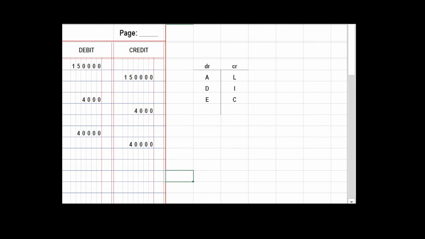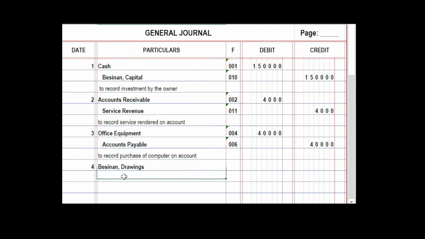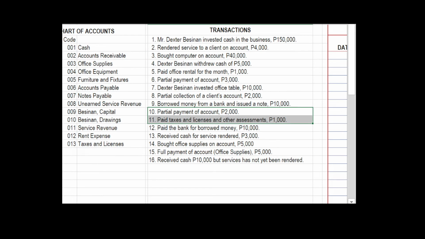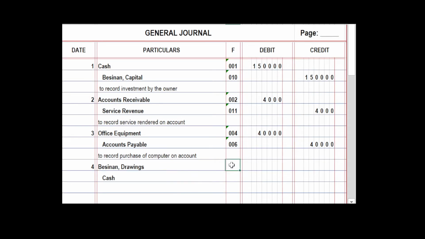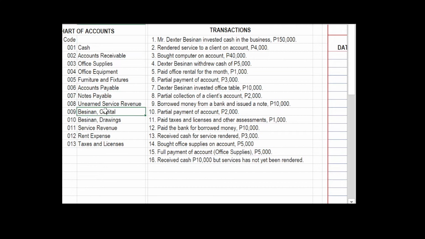So, lalabas yung cash. So, credit tayo ng cash dyan. Again, debit tayo ng Bisinan drawings. And then, lumabas yung cash in the amount of 5,000.